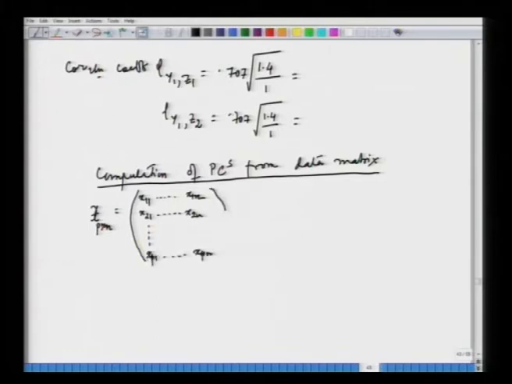So the first row gives me the sample of the first random variable, that is, n observations of the first random variable x1. These are the observations coming from that variable x1, so these are x11 to x1n.